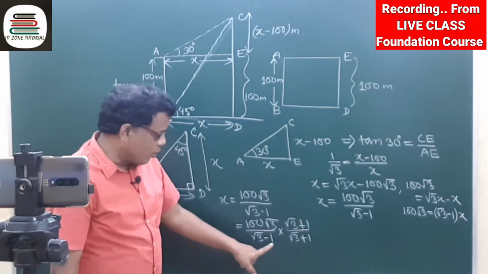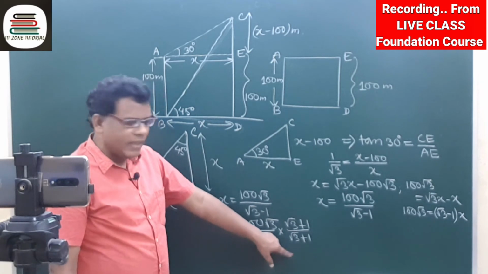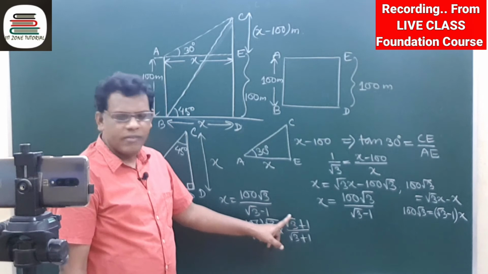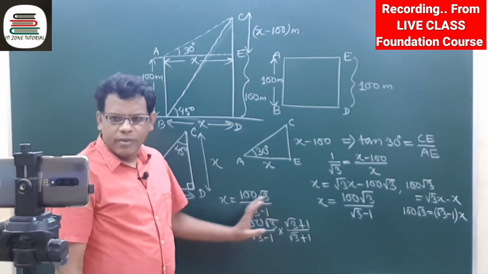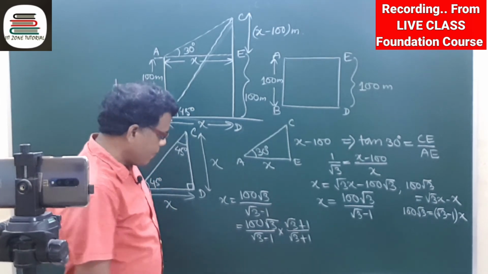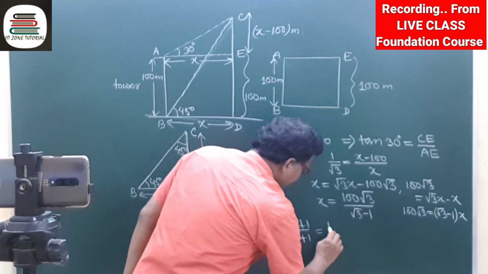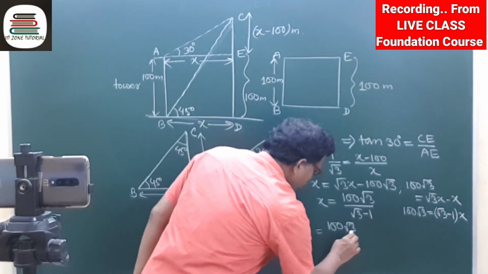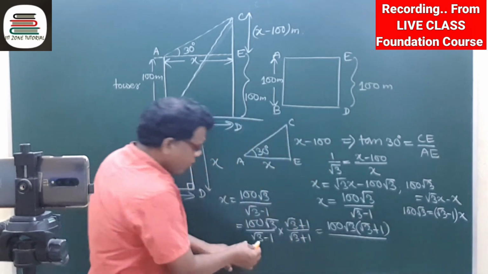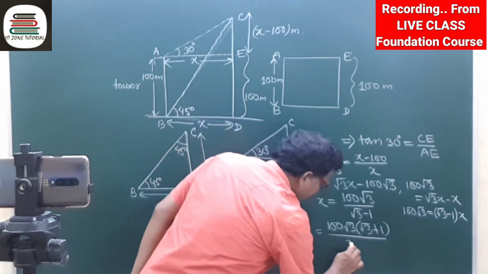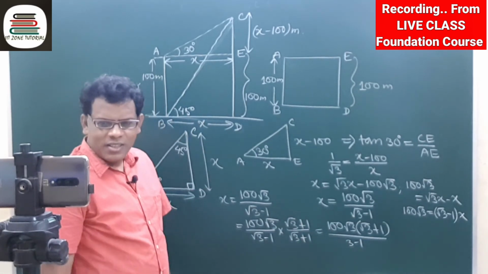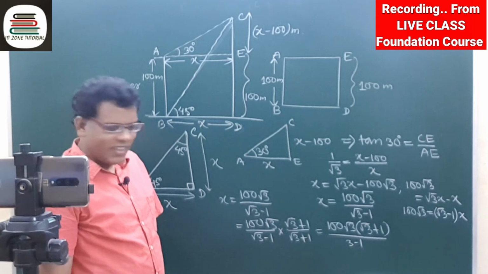But I cannot simply multiply with any term in any one part of the expression. That is why I have multiplied the same value with the numerator, so that the value of the expression remains unchanged. I can do it for both numerator and denominator. So, when we do this, we get 100 into root 3 into root 3 plus 1 in numerator, and in the denominator we get a square minus b square, means 3 minus 1, which is 2. 3 minus 1 is 2, isn't it?